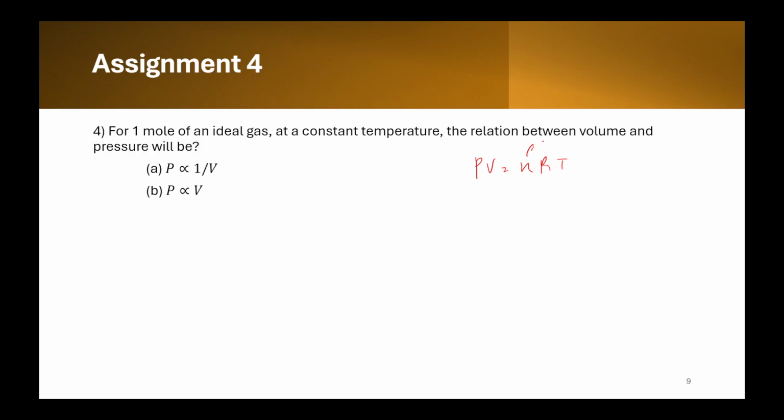Here n, R and T are all constants. So PV is equal to constant. So basically, P is proportional to 1 by V. So this is the correct answer. P is inversely proportional to volume.